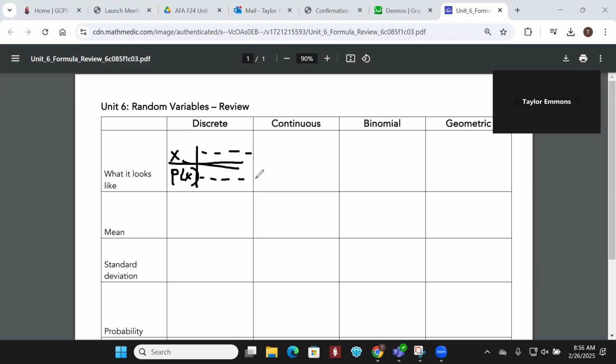So it's going to be like 0, 1, 2, 3, 4, and then it'll have the probability for that. All right, continuous is going to look like a normal distribution curve. So you'll have some value x, and you'll be able to compare it to the mean. And then they might give you the standard deviation.